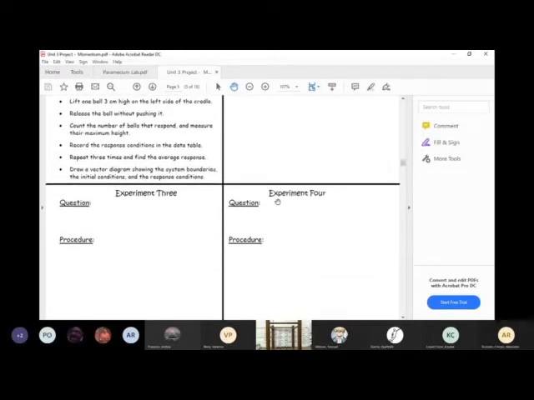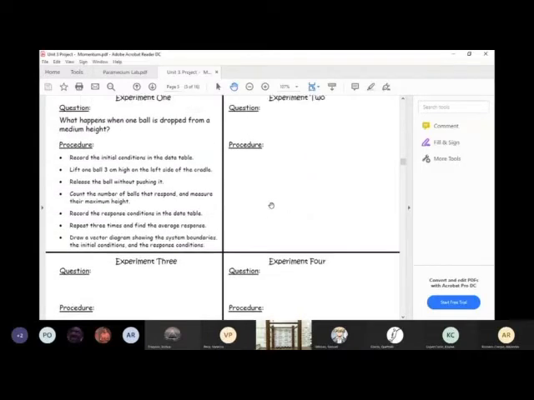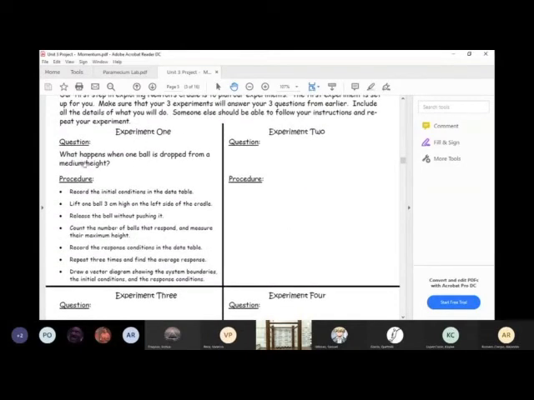And the goal was to have your procedures already written out by now. And if you haven't done that, you're going to need to go back and do that. So my first question, what happens when one ball is dropped from a medium height? And we're going to call that medium height 3 centimeters. In fact, we're probably going to consider that a low height. We're only going to do 3 centimeters or 6 centimeters.